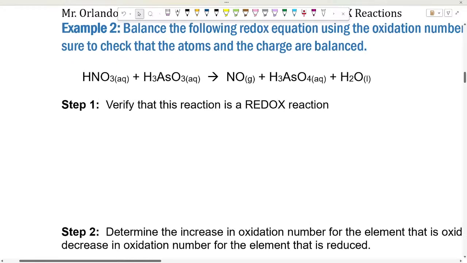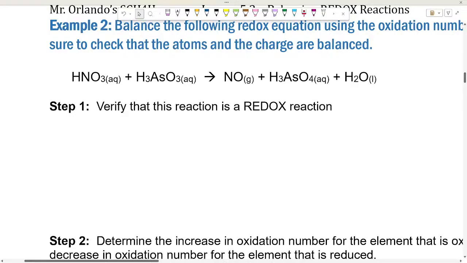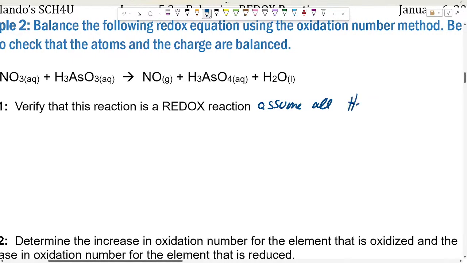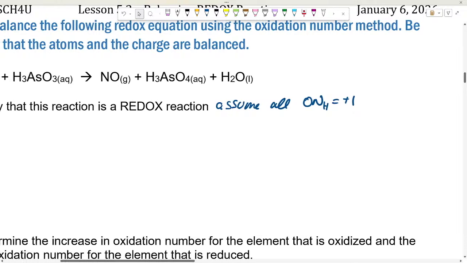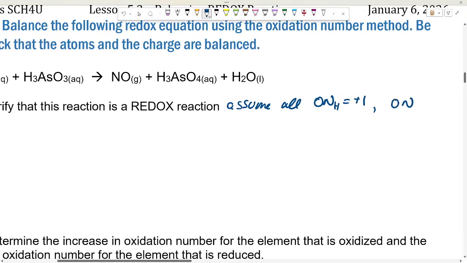So first, we're just going to verify that this is a redox reaction. And for now, we'll assume all H's are +1. All right? So the oxidation number of H we're going to treat as +1. And the oxidation number of oxygen we're going to treat as -2.